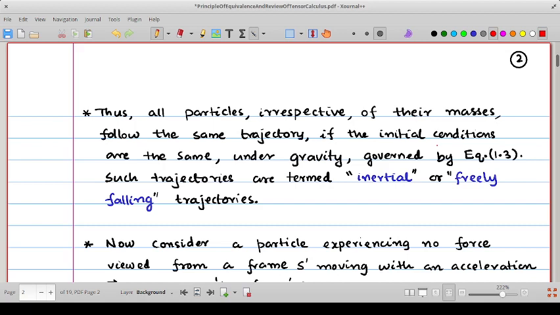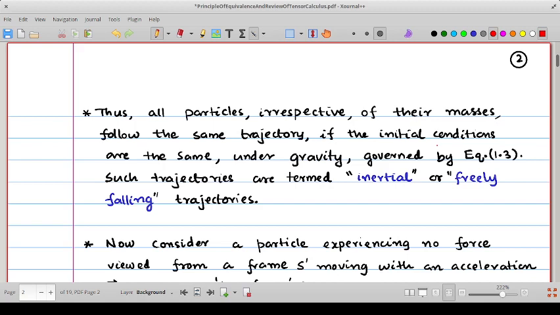That is, there is no other force acting on the particle. And such trajectories are special, and they are the same for all particles. So this is something universal. In that respect, the gravitational interaction is different from all other forces.